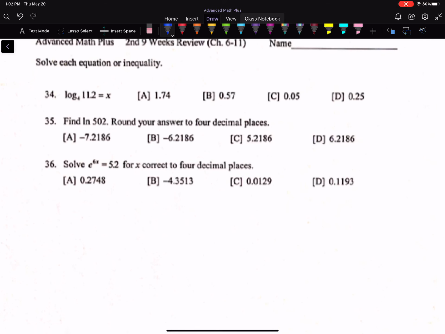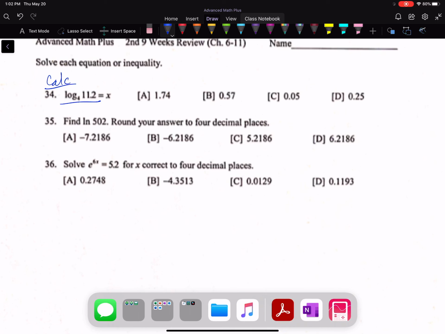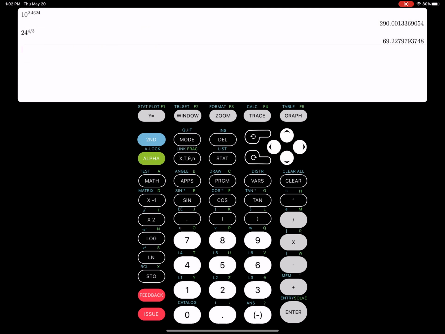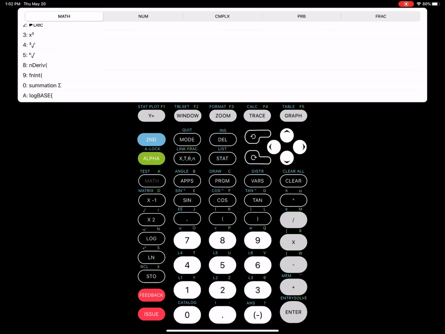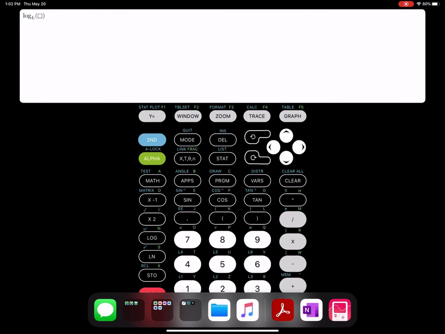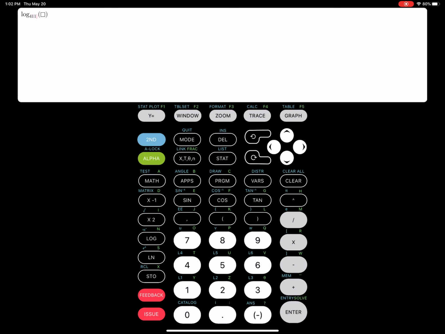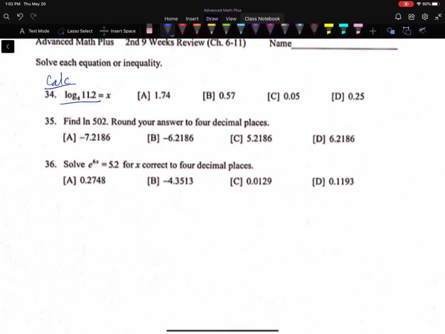We have another one. 34 is just a calculator problem. Plug in log base 4 of 11.2. So I'm going to hit, man, I gave you some easy ones last. Math, go up to log base 4 of, what was it? 11.2. 11.2, thank you. 1.74. 1.74 is A. Calculator problem is 35.